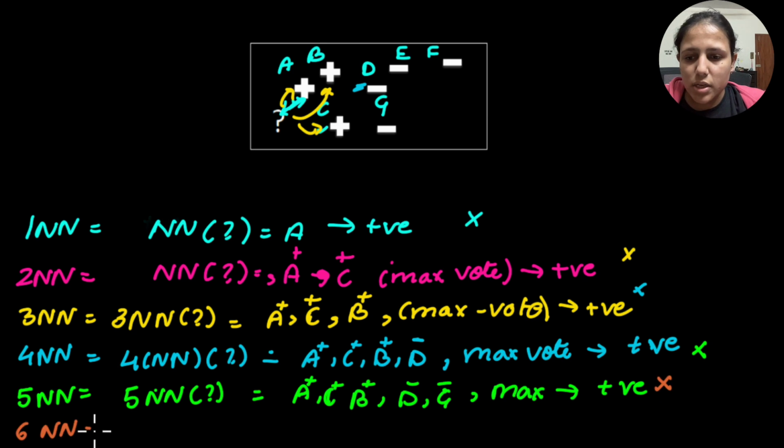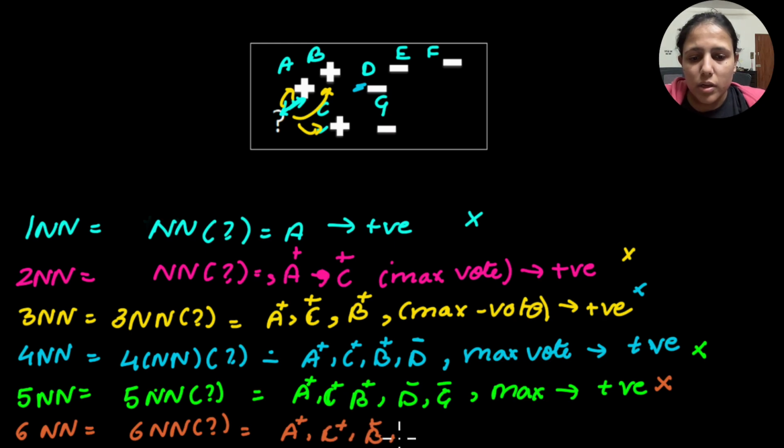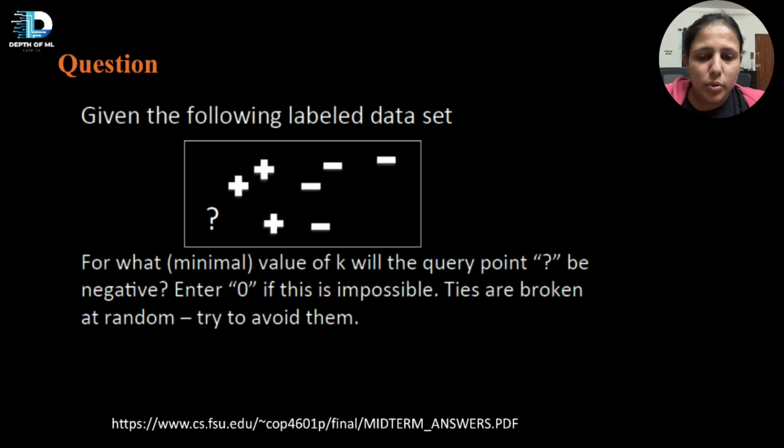Now we have to do 6NN of question mark. We'll again do A positive, C positive, B positive, D negative, G negative, and E negative. Now we are in a tie situation. If we take max vote, we don't know what will happen. The question says ties are broken at random, try to avoid them.